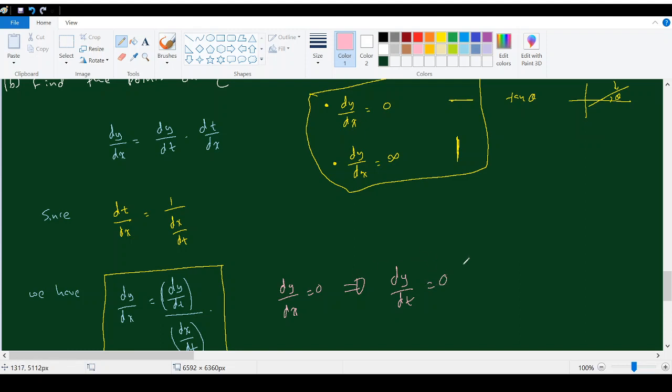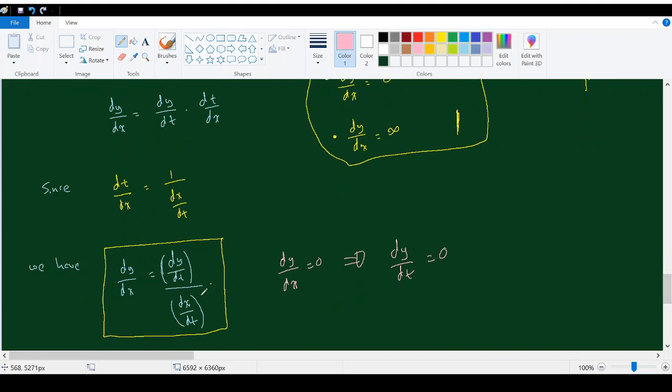But there is a certain condition that this should not be equal to 0, and dx by dt should not be equal to 0, because if both are equal to 0, then the derivative will be an undefined case, right?